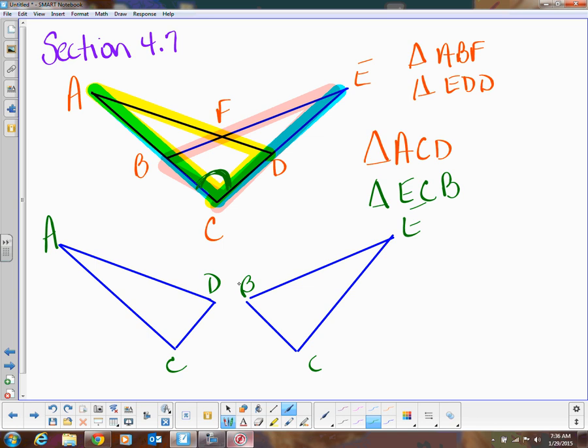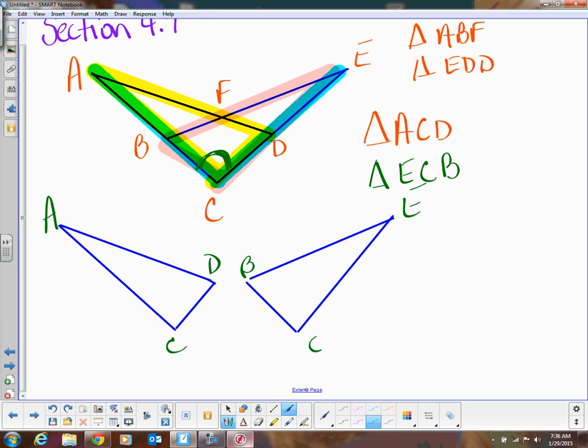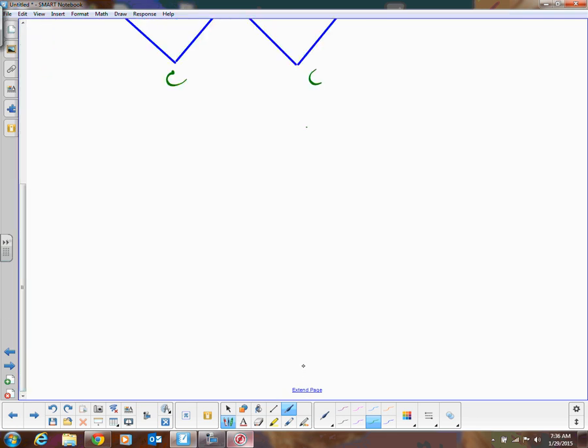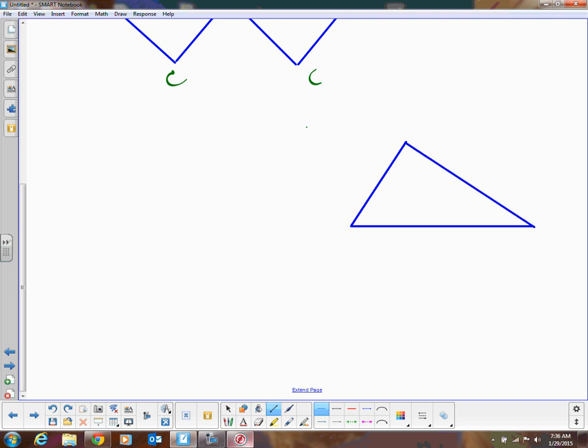All right. So I think what we're going to do now is a proof with a diagram that looks a bit crazy. Here is our diagram. See that triangle?